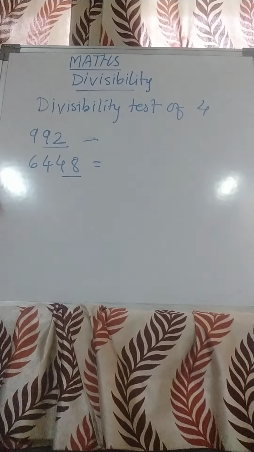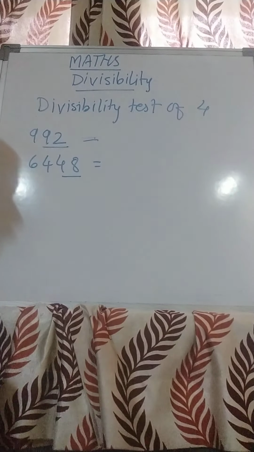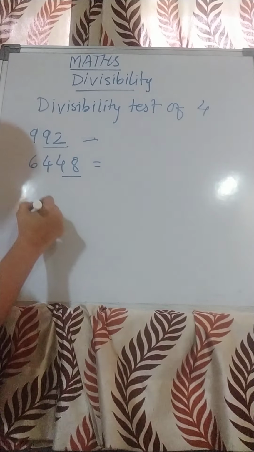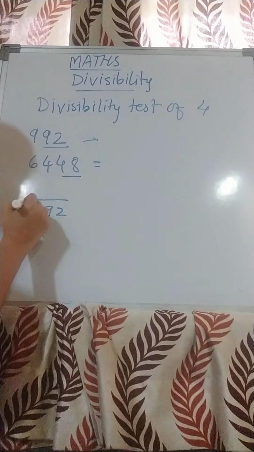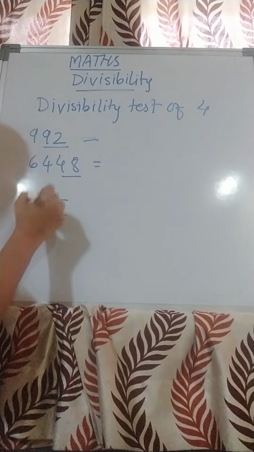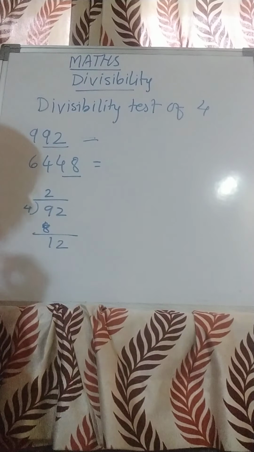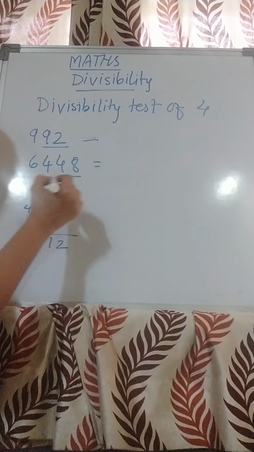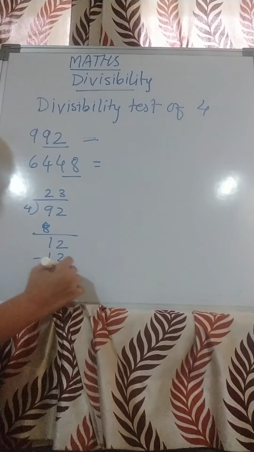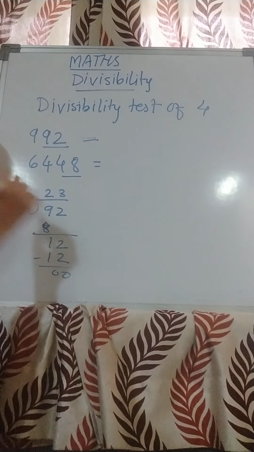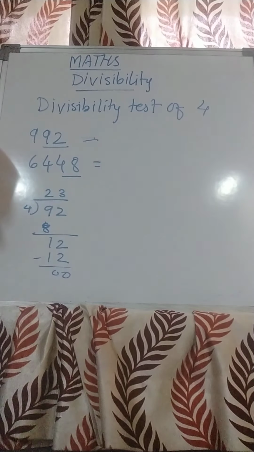Can these two digits be divided by 4? Let's see. 92 divided by 4. 4 ones are 4, 4 twos are 8, 4 threes are 12. So this 92 can completely divide by 4.